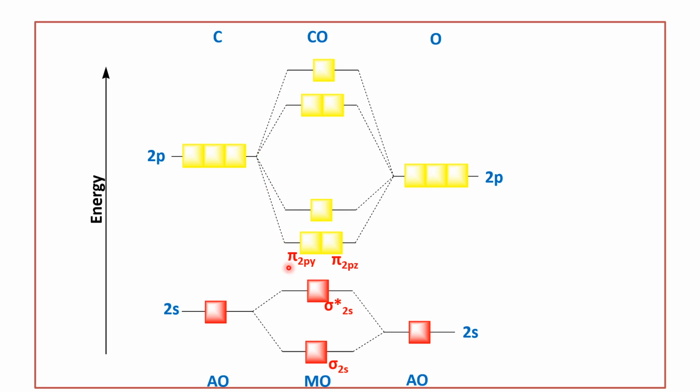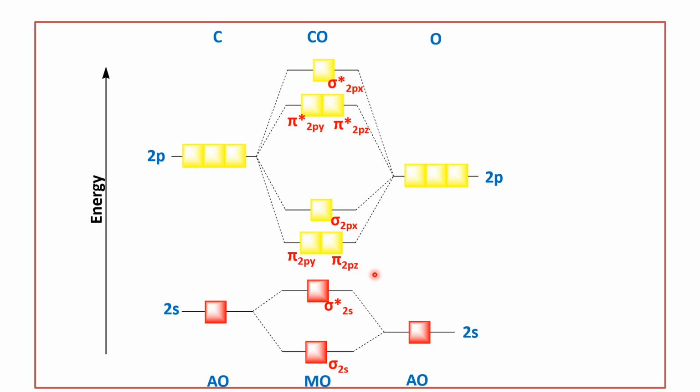They are degenerate because they are having the same energy. Then we are having the next bonding, that is the sigma 2px. Further, the second pair of degeneracy, pi asterisk 2py and the pi asterisk 2pz. And lastly, we are having the sigma asterisk 2px. So this is the MO energy level diagram for the CO molecule.